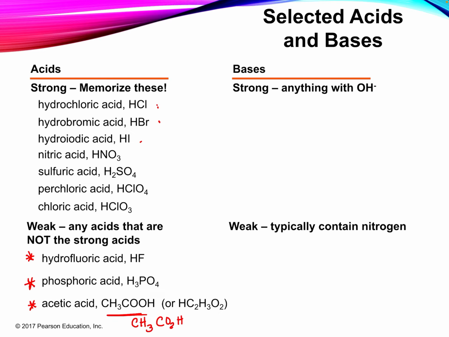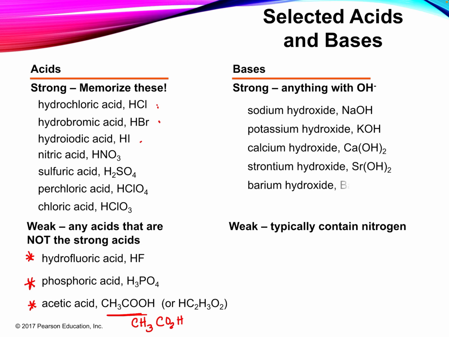And then bases. Bases are easier to figure out whether something is strong or weak. If it's got a hydroxide on it, then it's going to be a strong base because when you put that in water, these are going to behave like ionic compounds. And we know that ionic compounds tend to dissociate in water. So any of those that you stick into water, they will completely dissociate. We're going to say those are strong bases.